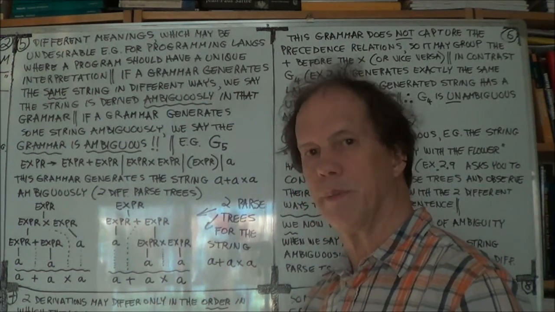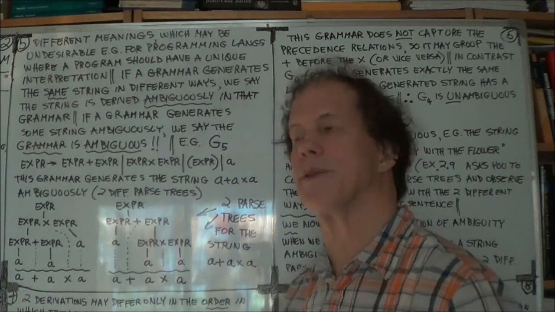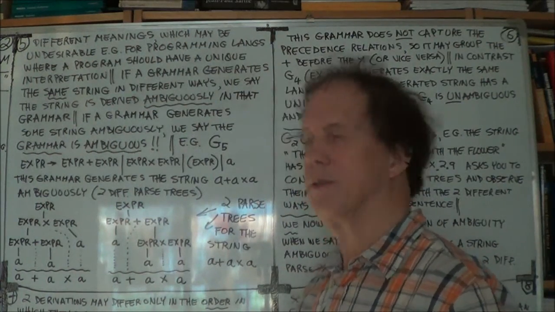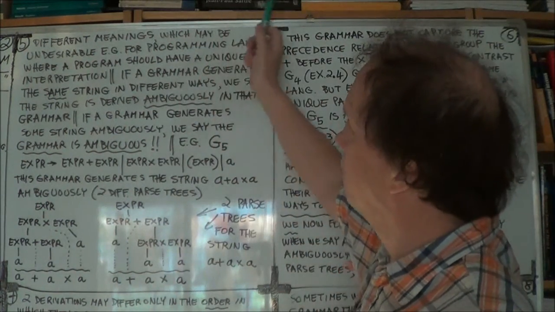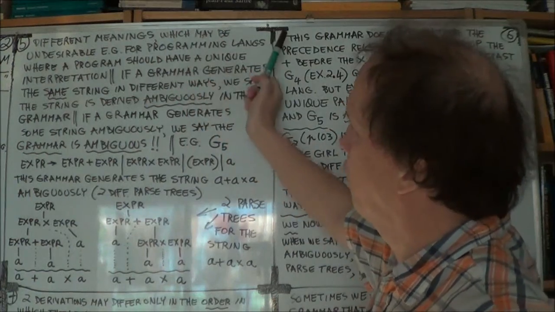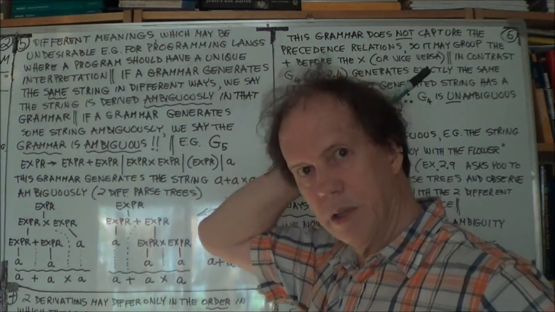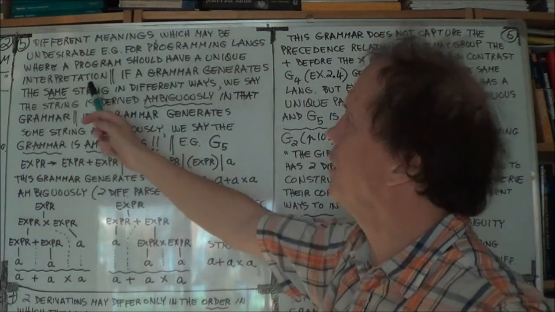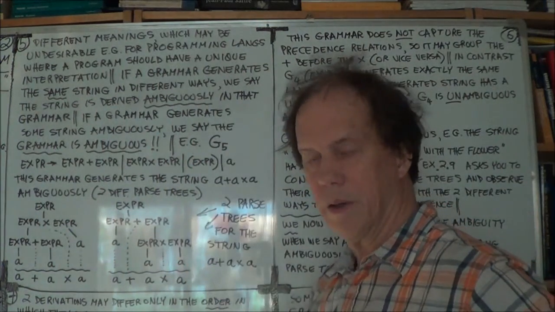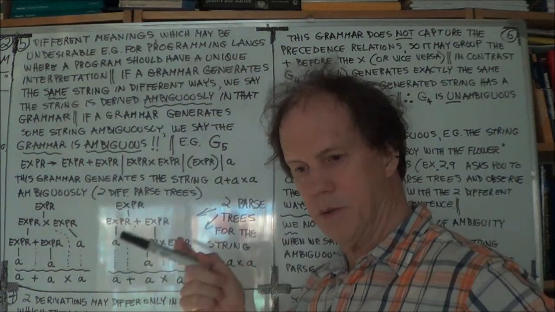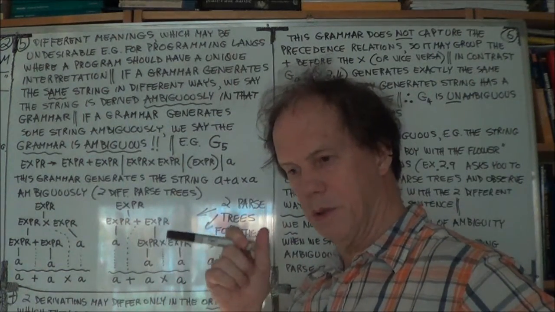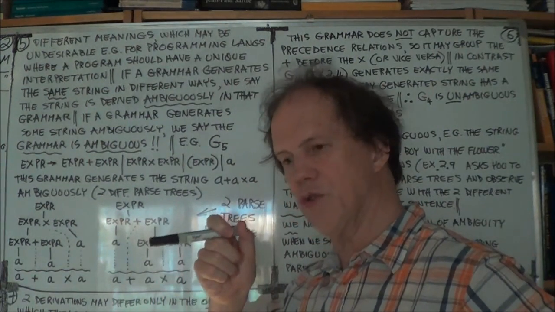Now, in the context of computer science, like a compiler, that's a disaster, right? For a programming language, a program should have a unique meaning, a unique interpretation. It's just one thing. You're asking the computer to do something, and you want it to do one thing.